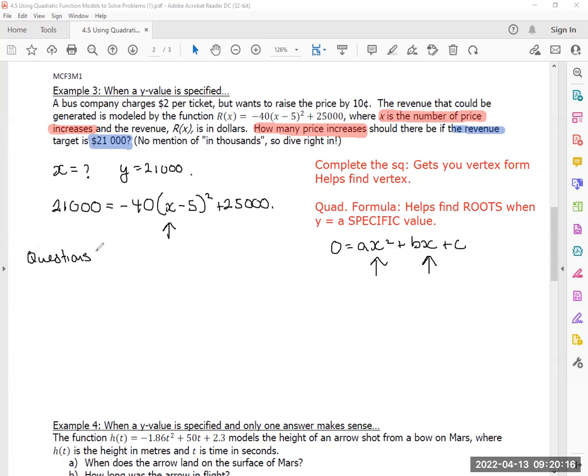Questions where you need to find x, but only one x.